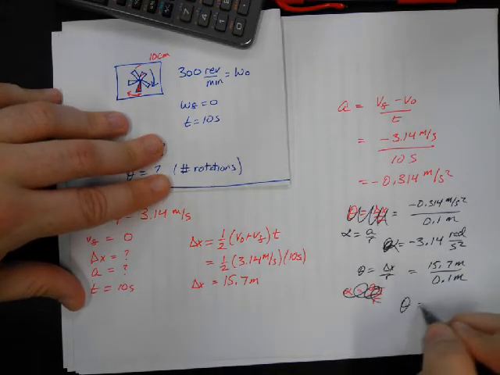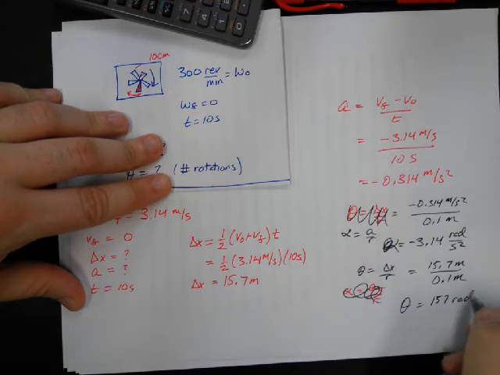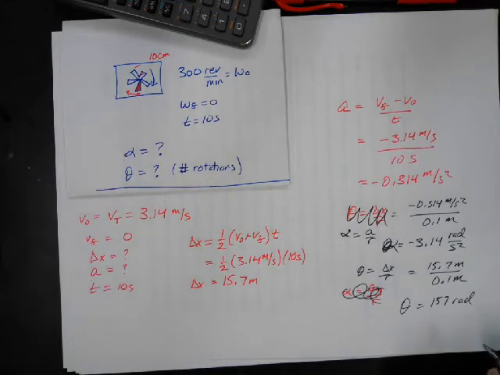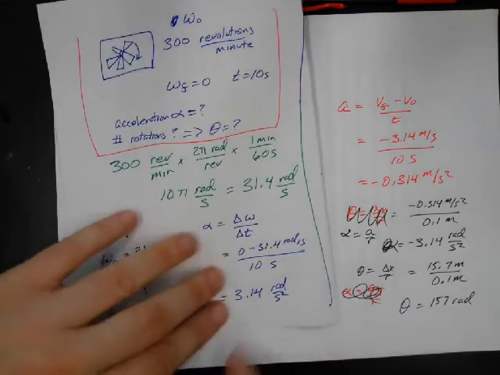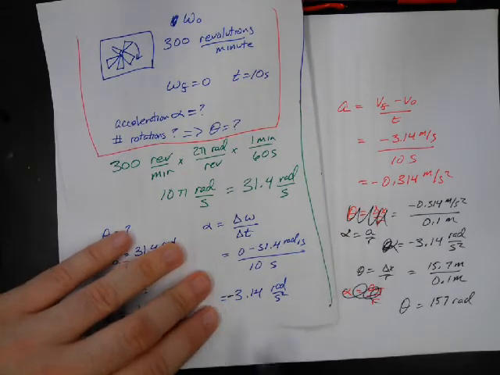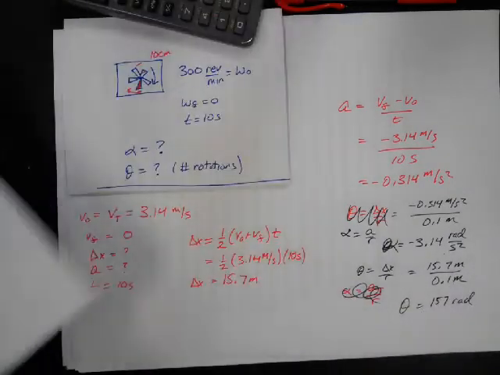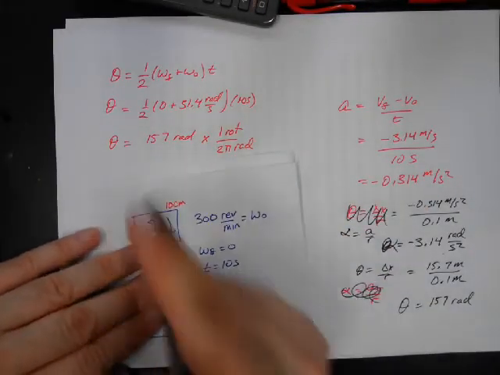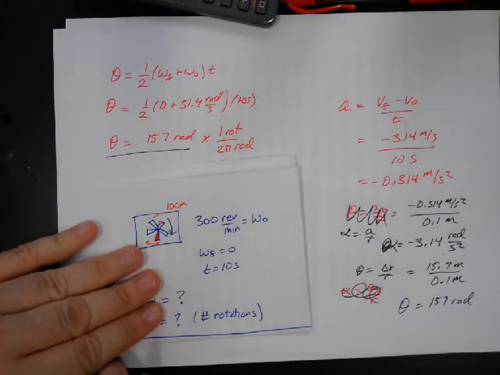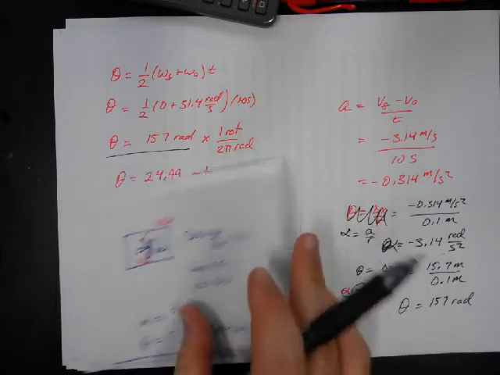So theta is going to be 157 radians. And when we go back to the problem that we solved before, other than the minus sign I dropped here, we get the same angular acceleration and we get the same distance. And everything else is doing the same conversion the same way.